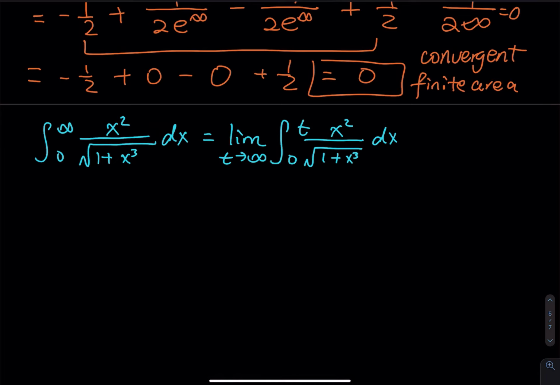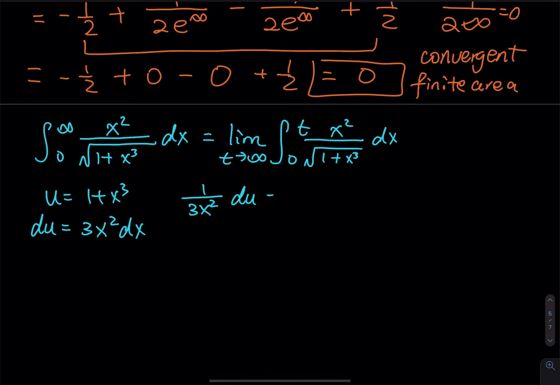dx. And then it is a u substitution problem, so we let u equal 1 plus x to the third, and then du equals 3x squared dx, and then we have 1 divided by 3x squared du equals dx. So what is going to be cancelled?